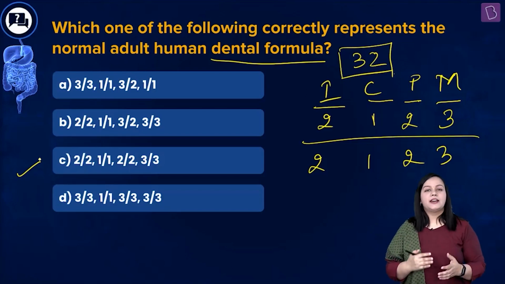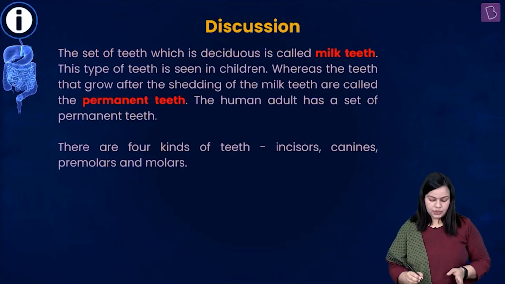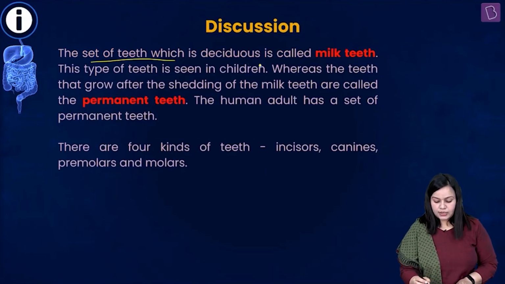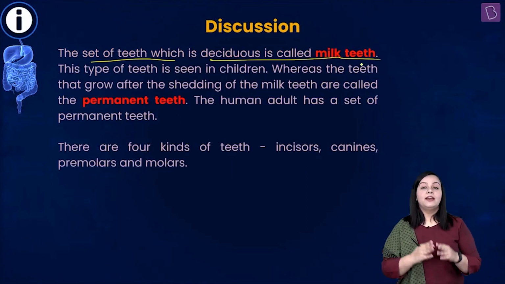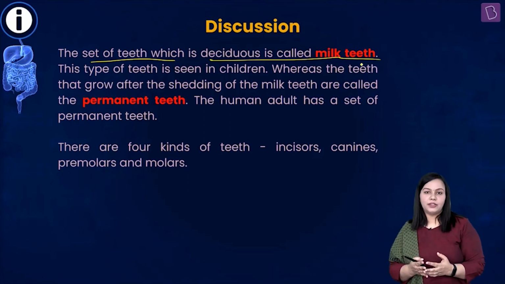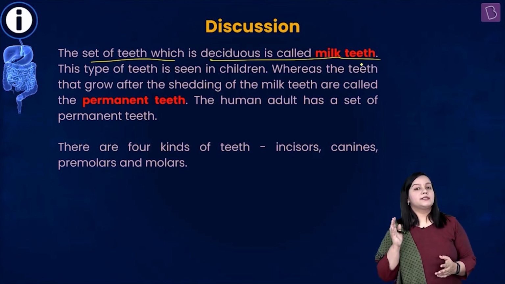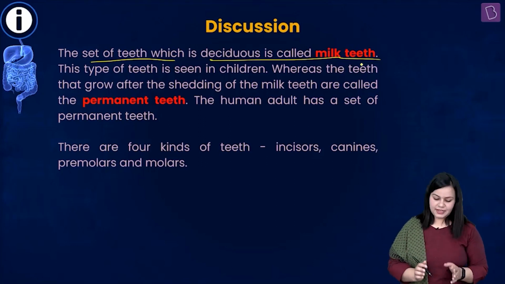Every tooth has a different type of function. Let us quickly revise all the concepts related to this particular question. The set of teeth which is deciduous is called milk teeth. We know that humans have teeth appear twice in our lifetime. First is called the temporary or the milk teeth, and the second is called the permanent teeth.